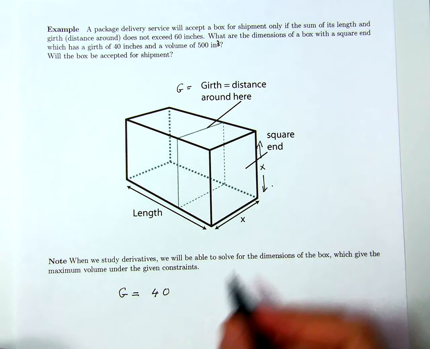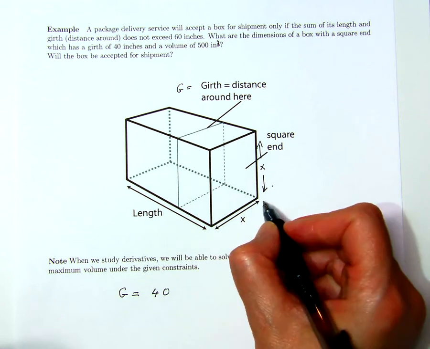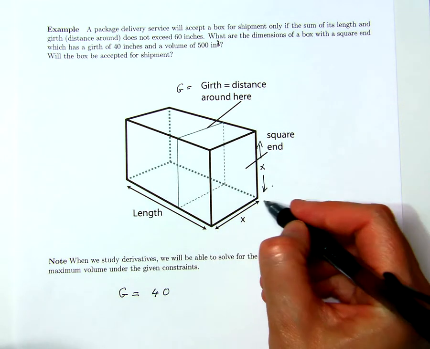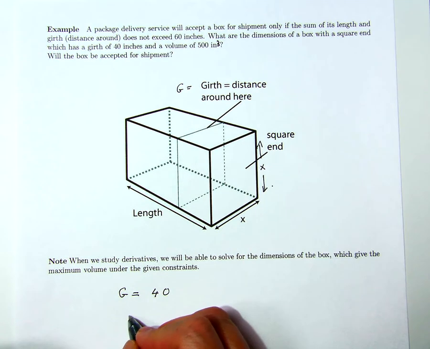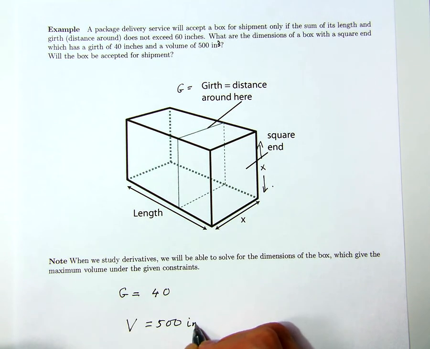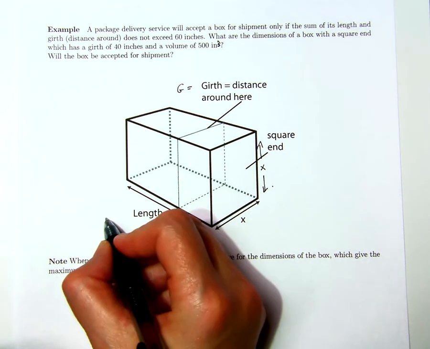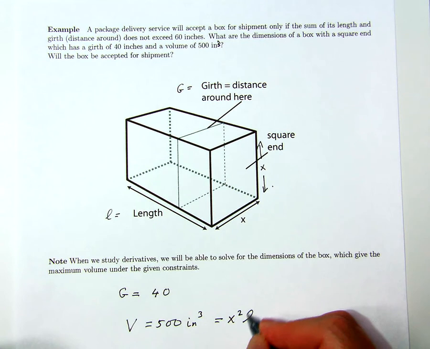So whatever x is, let's call this variable x, which is the length from here to here on the end. That's also equal to the length from here to here. So we have the volume of the box is 500 cubic inches, and that's x squared times the length, which we're going to call L.